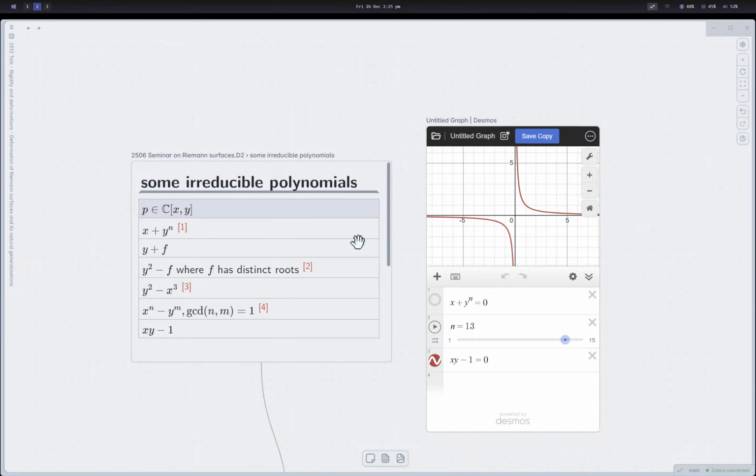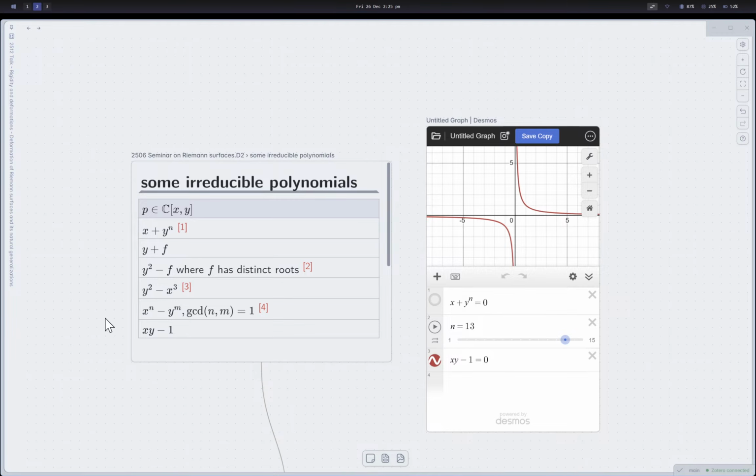Anyway, now I want to look at irreducible polynomials over C. Here are some examples. A good example is y squared minus f, where f is a product of distinct linear factors, x minus z_i, where all the z_i are distinct.